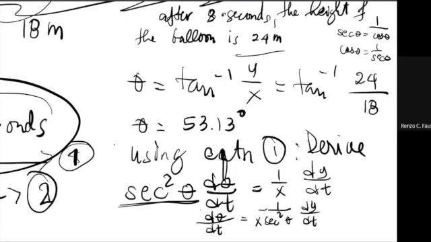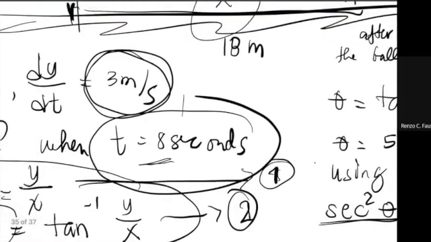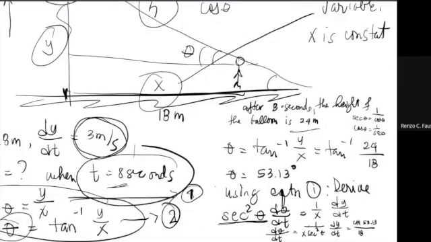But what is 1 over secant? This is cosine. So, to compute more easily, we can say cosine of 53.13 over x, which is 18, times dy/dt, which is 3 meters.